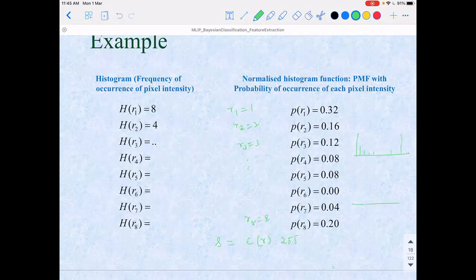So in the enhanced one, there may be one at R equal to 0 itself, then a gap, and then these will get crowded here, then again a gap and they will come here. Roughly in any region, the number of pixels falling in that region will be uniform. That can be achieved through this.